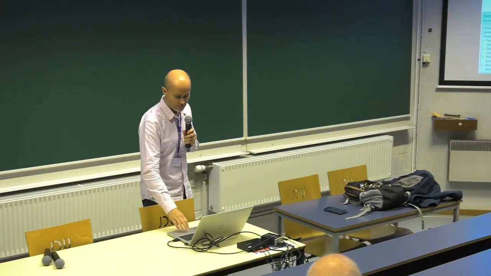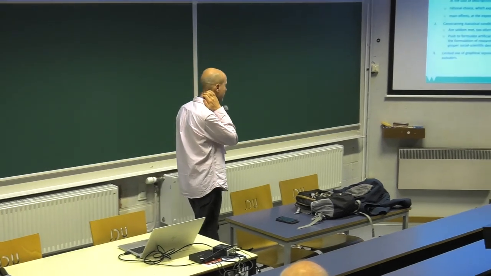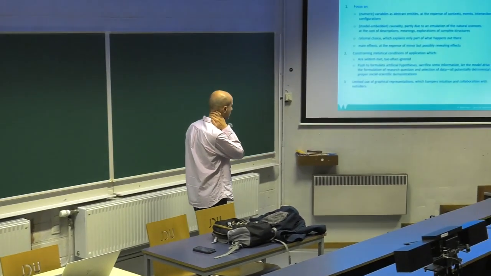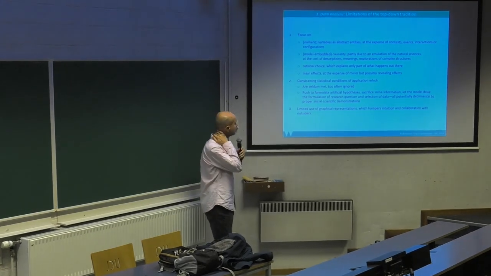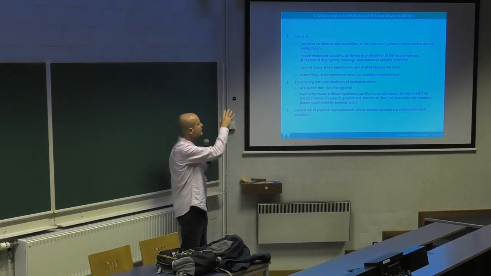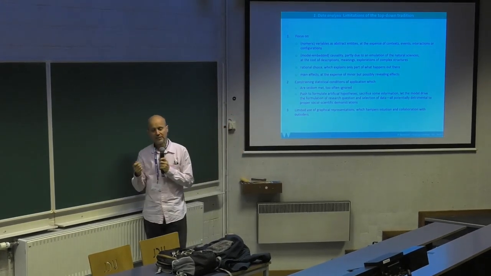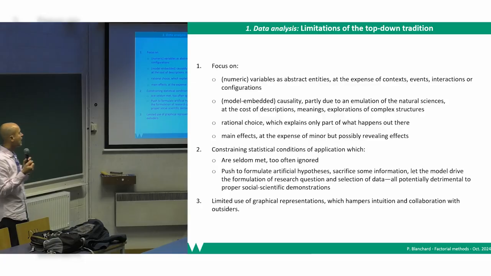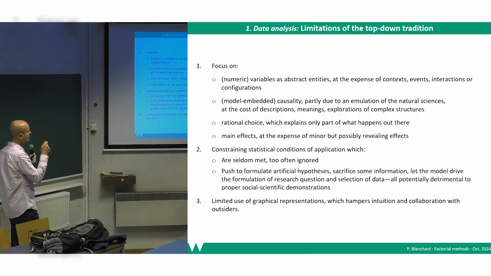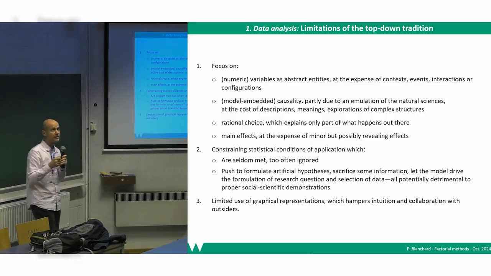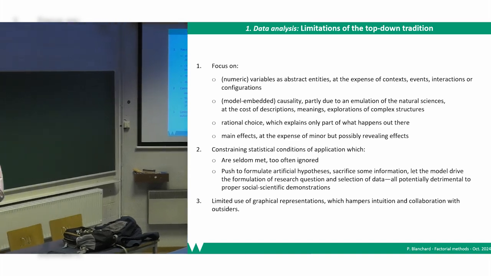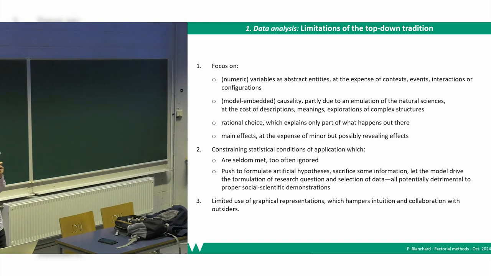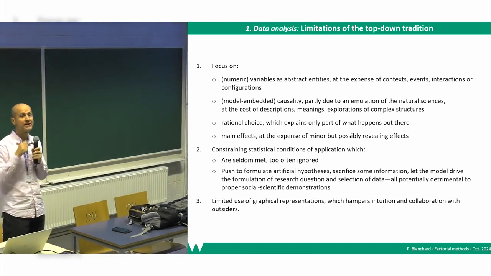So I'm going to follow on that with a now well-known critic of the top-down approach to things. So there are certain things that you focus on when you have this approach. Numeric variables as abstract entities. There's a whole critique in the social sciences methodology literature of variable-centered data analysis.